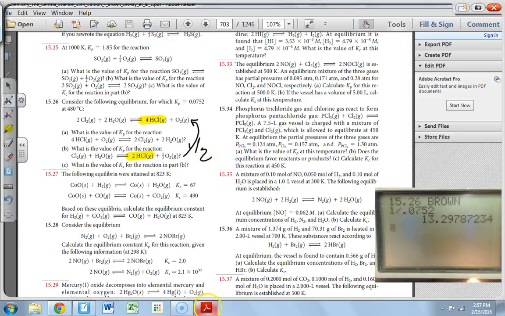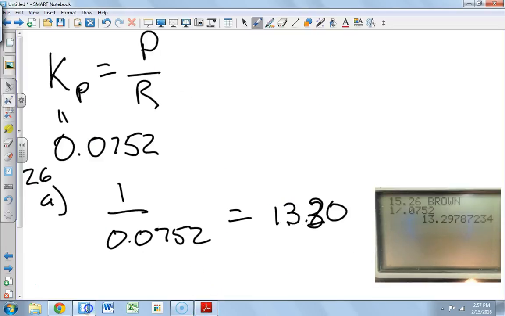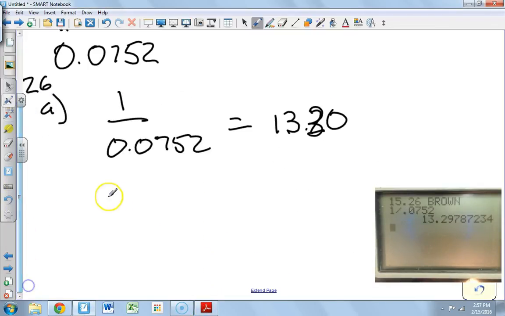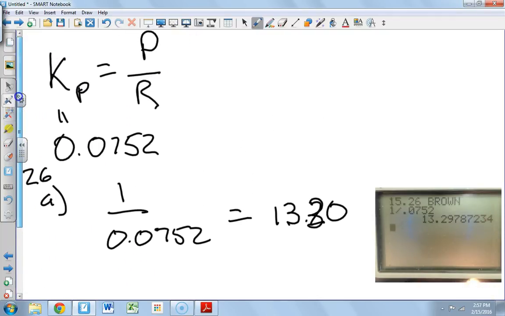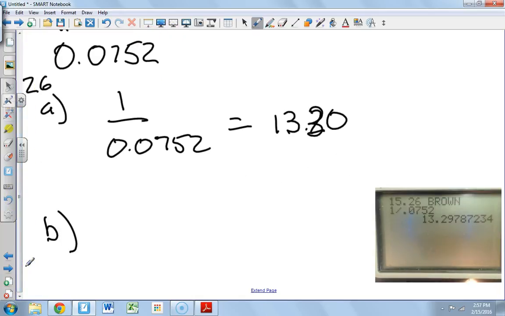When we multiply a reaction by a factor, that changes our coefficients, which changes the powers that we raise things to. So in the end, we raise the Kp to the power that we multiplied the reaction by.